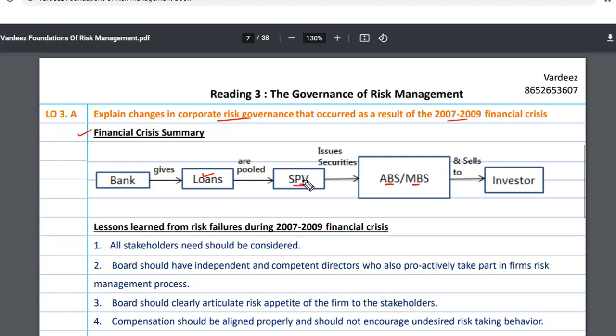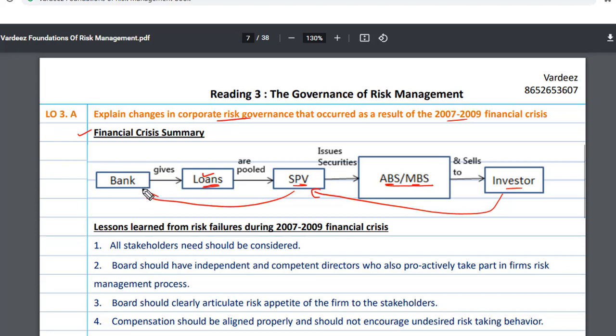The SPV converts these loans into these different securities, and these securities are then sold to investors. Essentially, the investors buy the security, so the money goes to the SPV, and the SPV uses this money to buy the pool of loans from the bank.